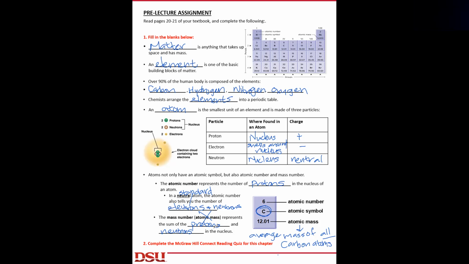Okay, so again, sorry for the confusion. Cross out atomic mass where I have it crossed out in that little bullet point, it is not the same thing as mass number. The atomic mass is the average mass of all the carbon atoms, whereas the mass number is the total number of protons and neutrons in the nucleus.